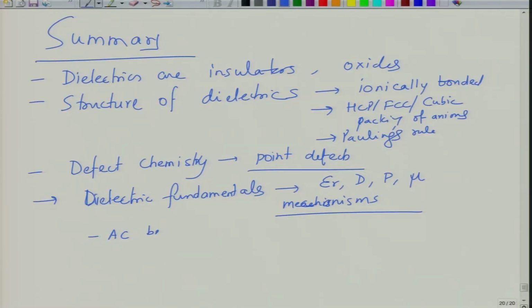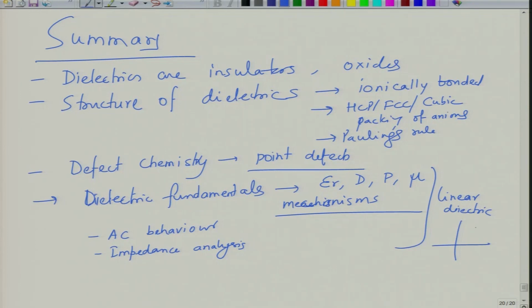And then we looked at the AC behavior, basically what happens in an AC field, time dependent analysis, and then we also looked at the impedance analysis. So, this was from the perspective of linear dielectrics, the dielectrics in which the polarization versus electric field behavior is linear. So, when you plot P versus E, it is linear.